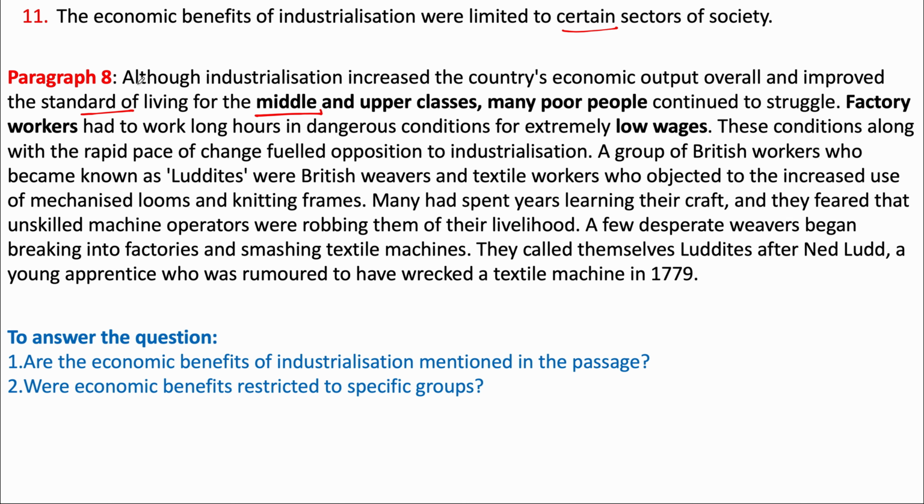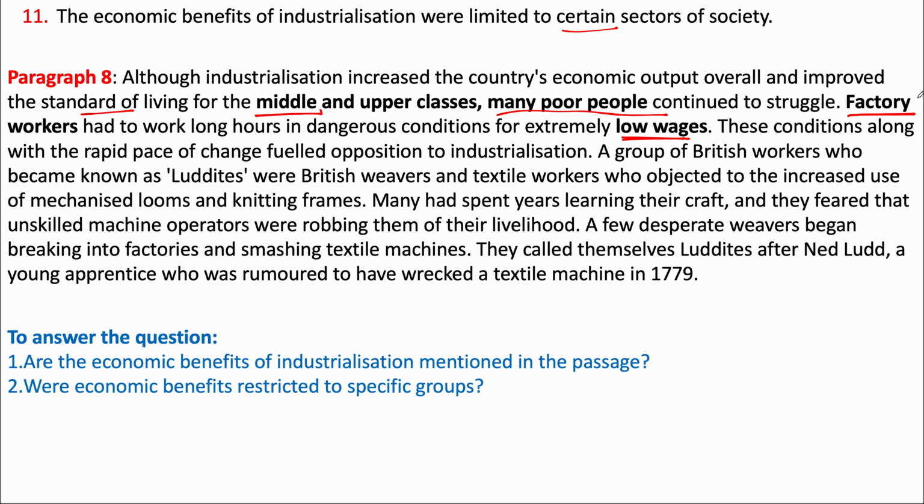But the same sentence says many poor people continued to struggle, meaning they did not receive the economic benefits. Later, it talks about low wages of factory workers, which also means that the factory workers did not get the economic benefits of industrial revolution.